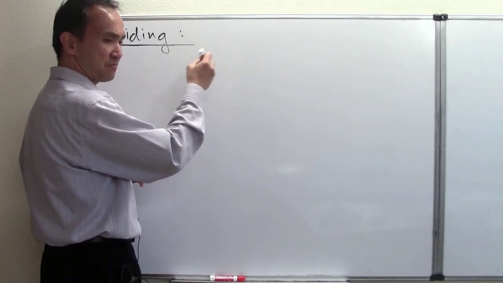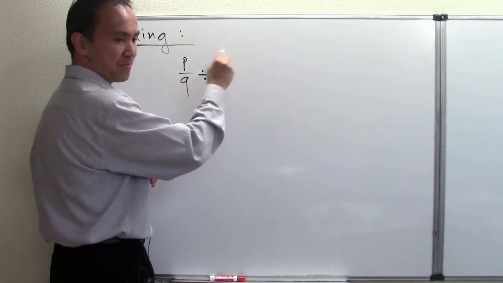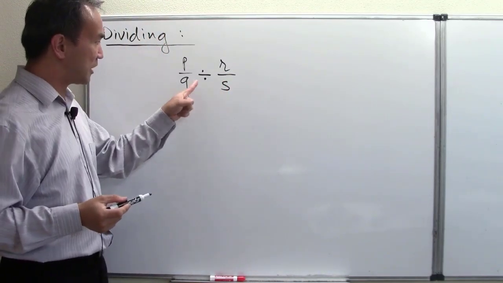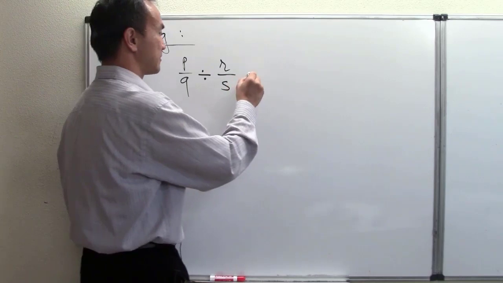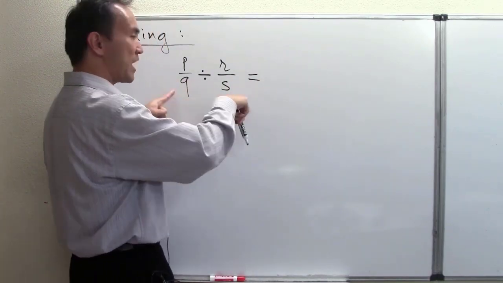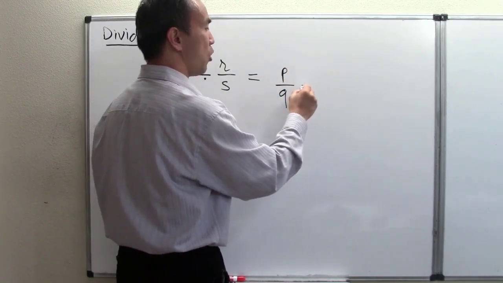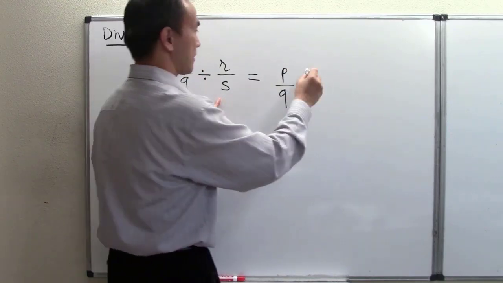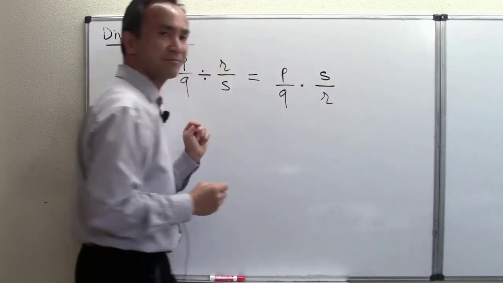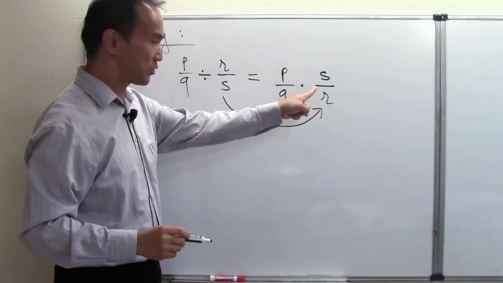If you have a fraction P over Q, and we're dividing that fraction by another fraction R over S, the actual way of doing that is to rewrite this division problem as a product of P over Q multiplied with the reciprocal of R over S. The reciprocal becomes S over R. Turning the fraction R over S into S over R is what we call the reciprocal.